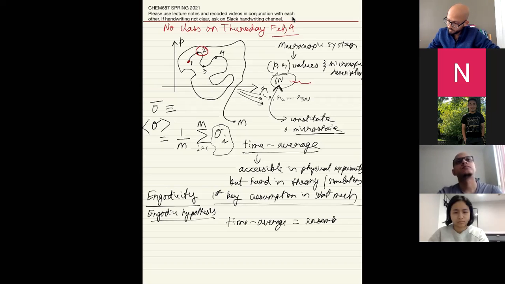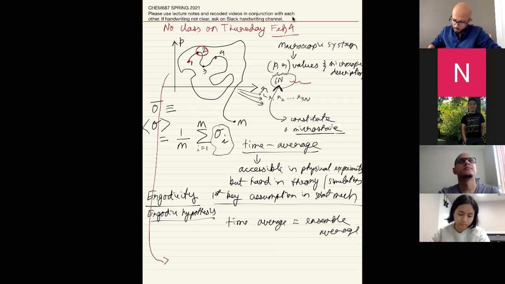Now, what do I mean by that? Time average is equal to ensemble average. What do I mean by ensemble average? What I mean is I could take this system, and instead of following one trajectory for a very long time, I am going to think about many short trajectories.